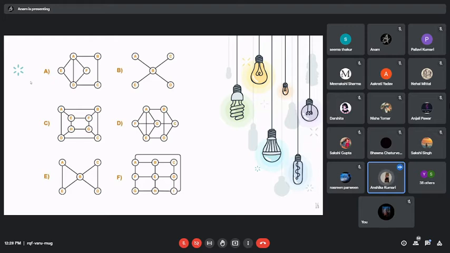In the third one, the path is A to E, H, D, C, G, F, B, and A. Similarly, D has also the same path. This is also a Hamilton circuit. The next graph is not a Hamilton circuit. And in F, we can see that we are starting from A and ending at the same, so this is also a Hamilton circuit. Next slide, please.